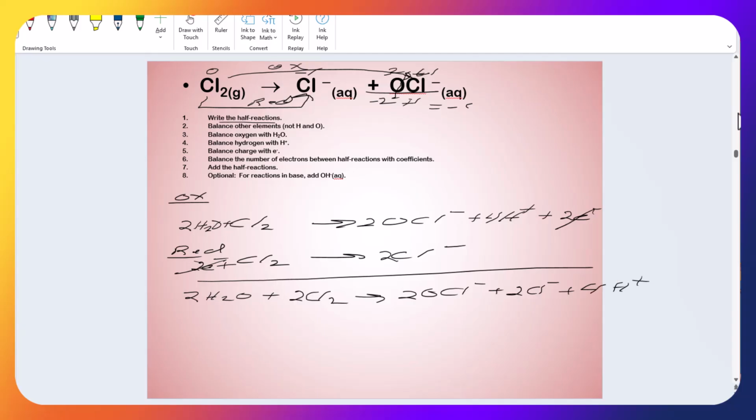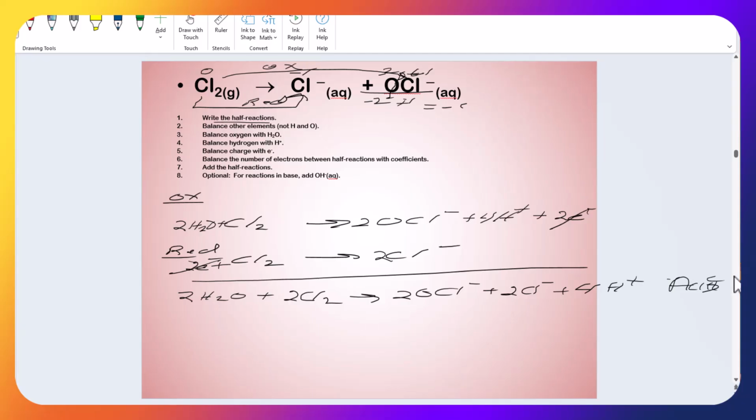All right, so I've got 4 chlorines. 2 chlorines plus 2 is 4 chlorines. 2 oxygens, 2 oxygens. No charge on the reactant side. I have 2 negatives plus 2 negatives, that's 4 negatives plus 4 plus. So we are balanced in acidic conditions.